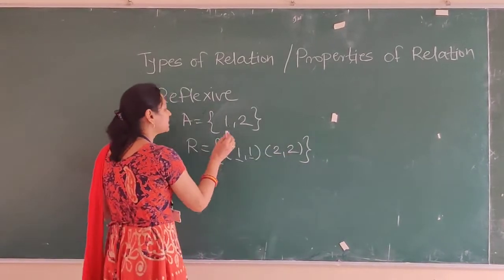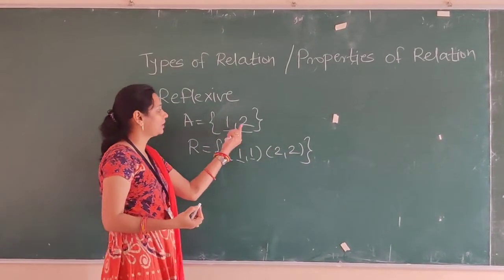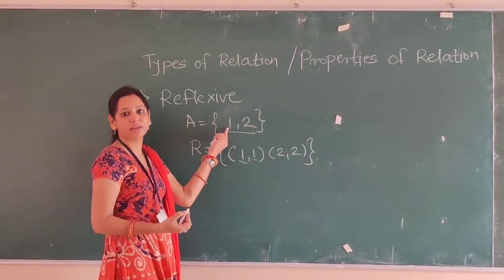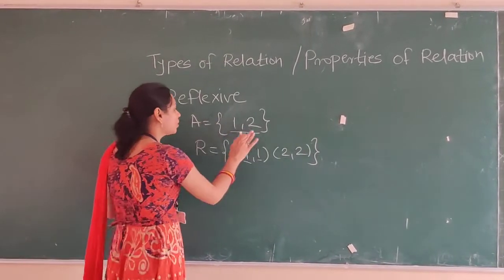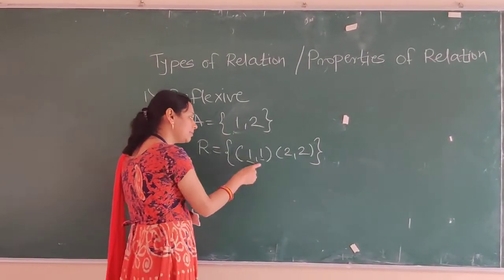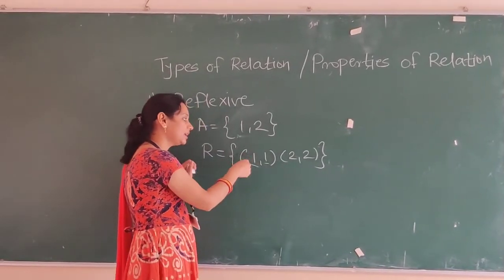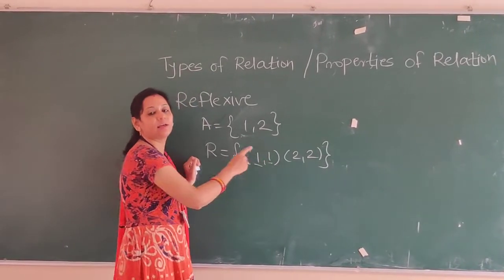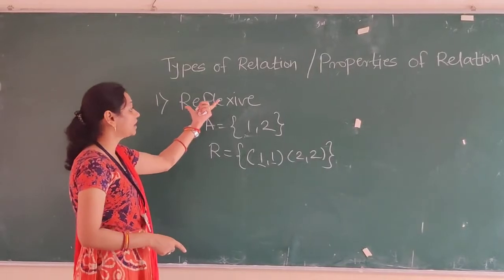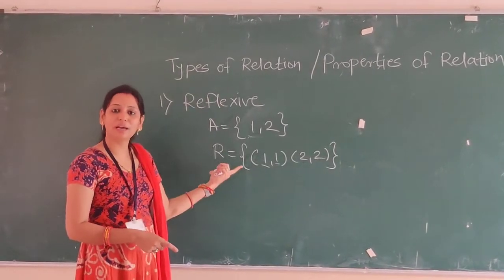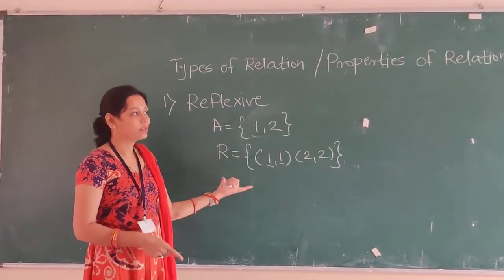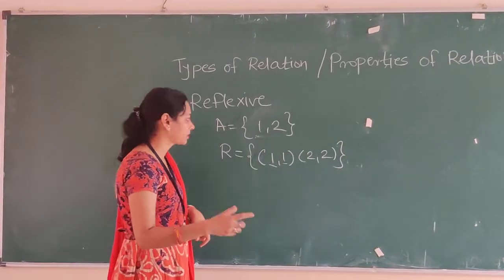Same over here. But if I talk about (1,2), it is not a reflection or mirror image. So whenever the same image or the mirror image of that element is present, it is called the reflexive property of that particular relation. This is our first property.